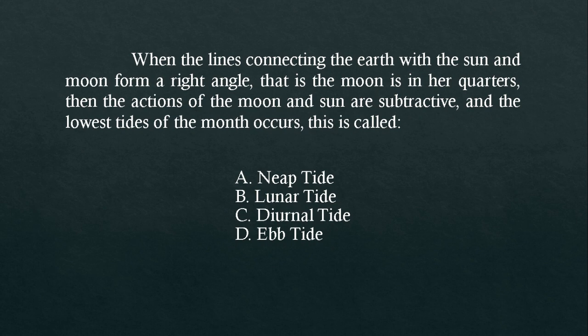When the lines connecting the Earth with the Sun and Moon form a right angle, that is, the Moon is in her quarters, then the actions of the Moon and Sun are subtractive, and the lowest tides of the month occur.